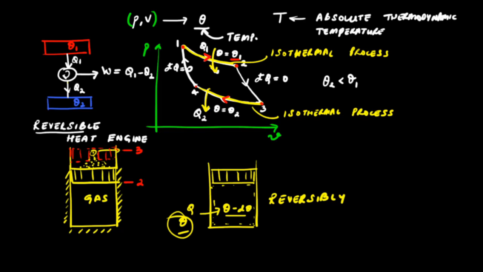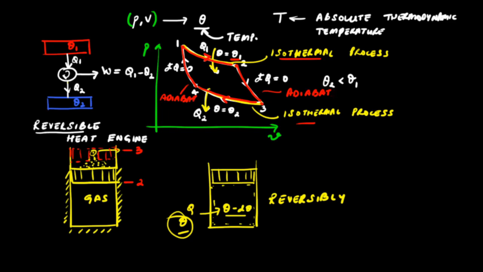So the only way we can achieve this is through having this Carnot cycle consisting of two isotherms and two adiabats. And that is why this Carnot cycle is depicted in this particular form, because this is the only way one can operate a heat engine reversibly by exchanging heat with two reservoirs at temperature θ1 and θ2.